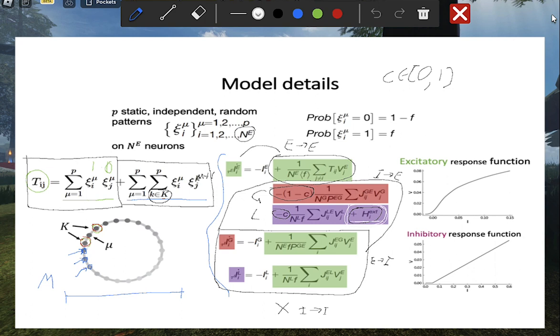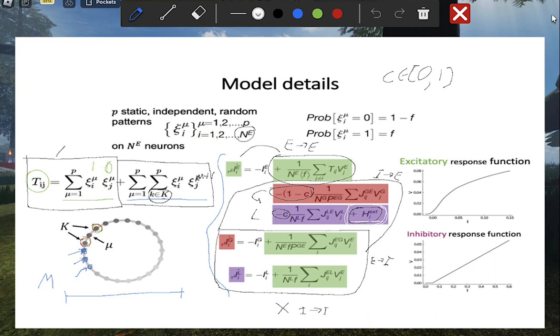I assume this is a similar idea to the Ising model. Yeah, exactly, this is exactly like the Ising model.